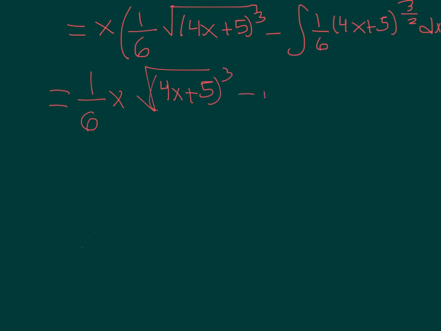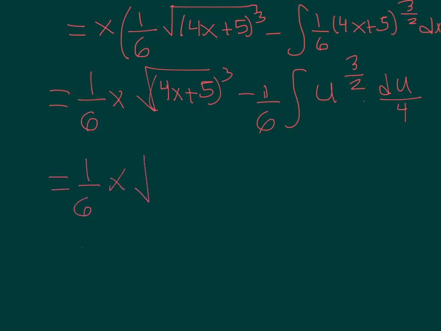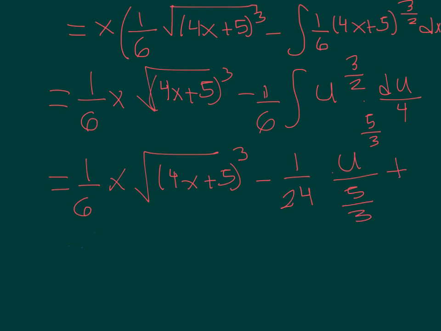And then we have to write the constant out of the integral sign, and that will be u to the 3/2 times du over 4. So this will be 1/6 of x times the square root of 4x plus 5 cubed minus 1 over 24, constant out of the integral sign, u to the 5/2 over 5/2 plus c.